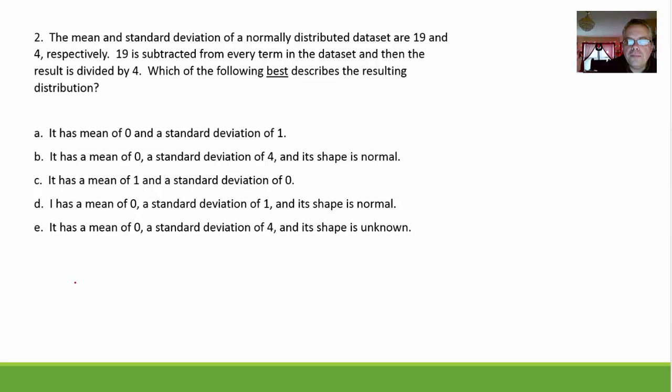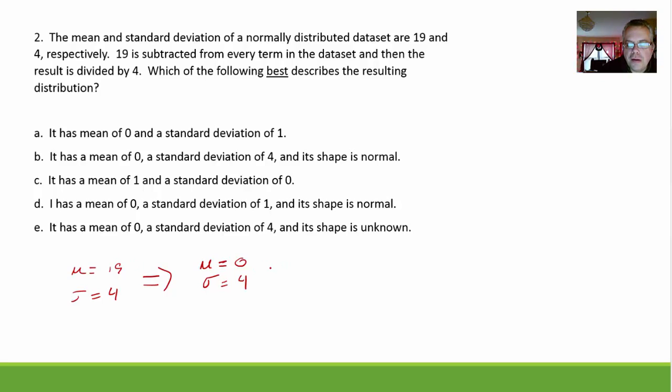Well, we start with a mean equal to 19 and standard deviation equal to 4. When we subtract 19 from the data set, we get something that has mean 0, but the same standard deviation. Remember, standard deviation doesn't change when we subtract from the data set.